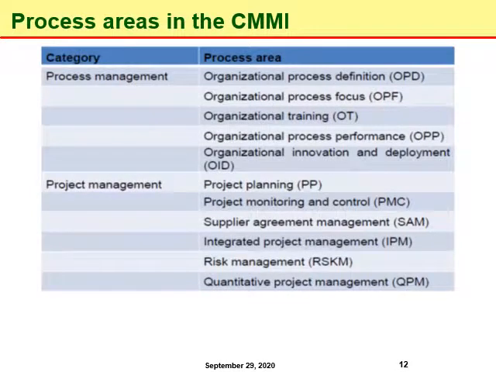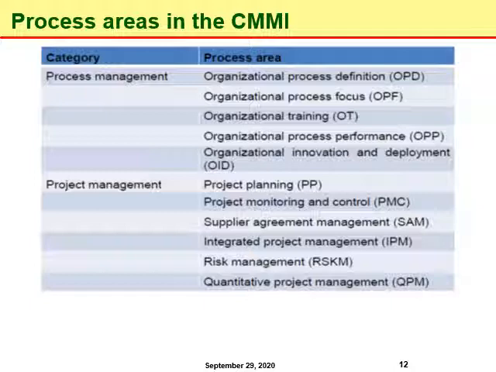So here is a representation of the four groups and the related key process areas. We see that in the process management group or category, the related process areas are organizational process definition, organizational process focus, organizational training, organizational process performance, and organizational innovation and deployment.